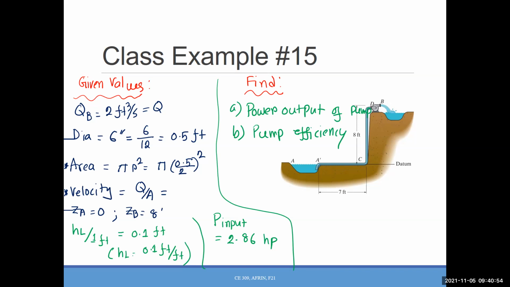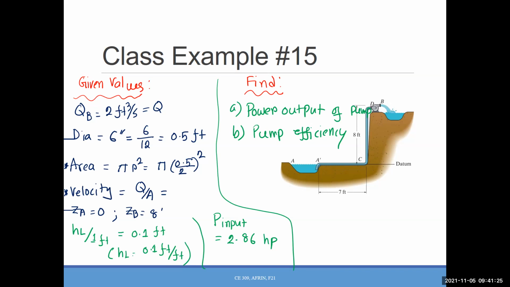Now we have two reservoirs here, so we can get the velocity, the pressure, and everything. So there are two options. In your mind, should I use the Bernoulli's equation or the energy equation? Which one should I use here? Energy.